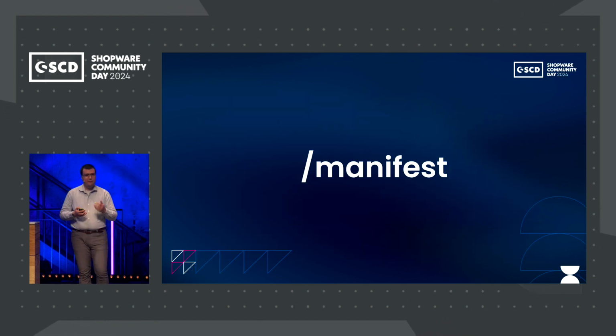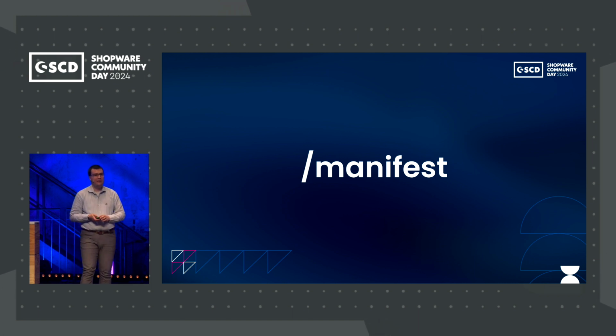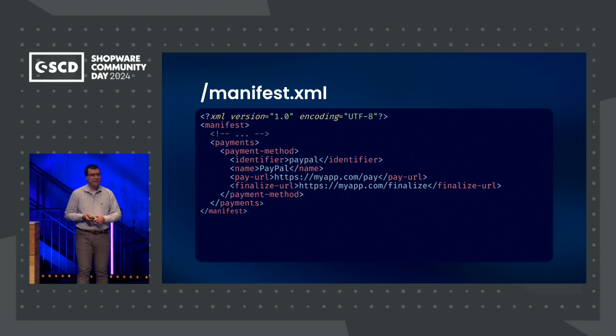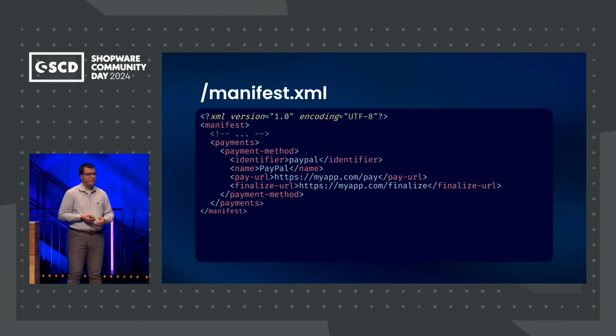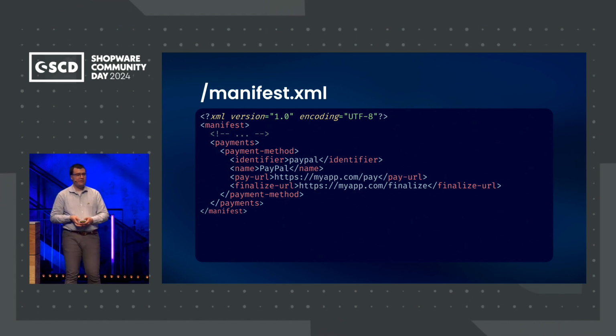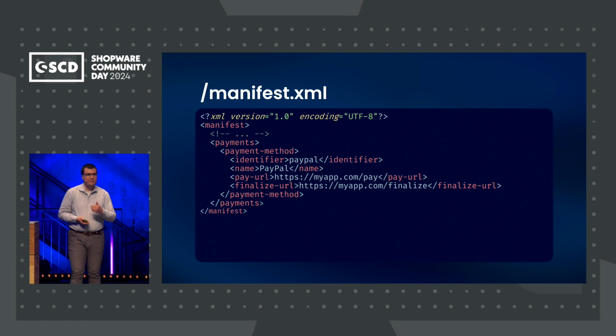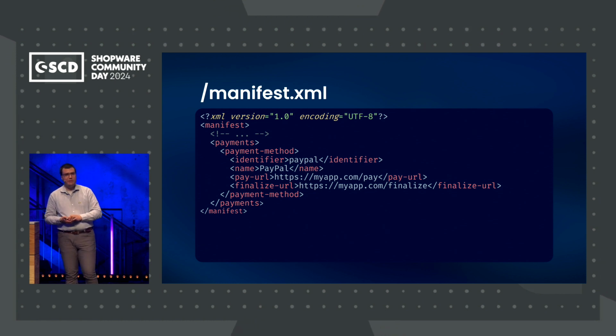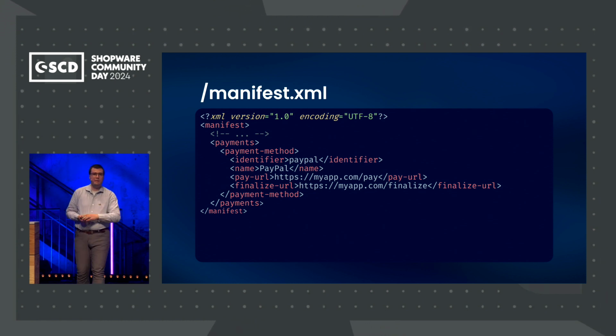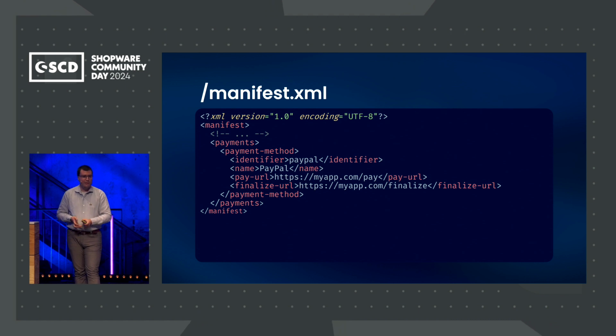Okay, if you have ever dangled around with the app system, you know that there is also a manifest file to be added. Most importantly here is the payments section. So we add just a PayPal payment method with two URLs, one when we try to start the payment process and one at the end of the payment process when we try to validate if the payment has gone through.